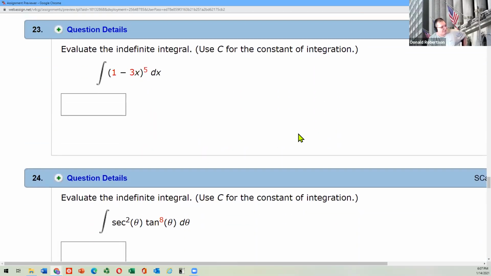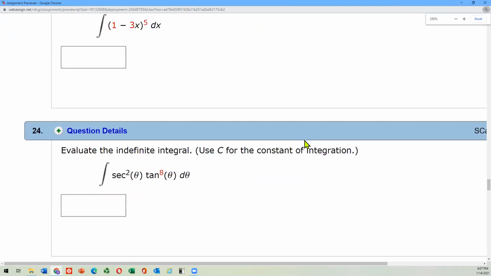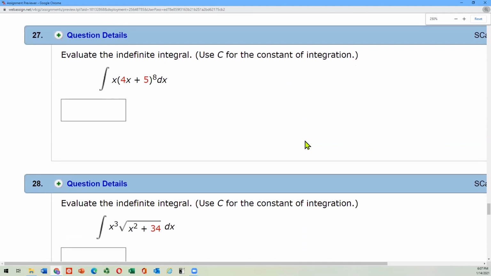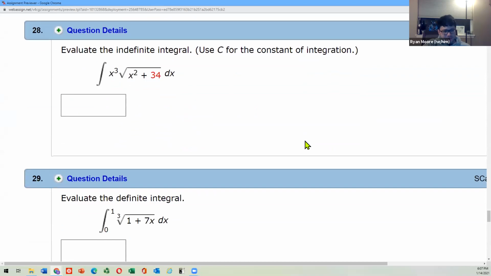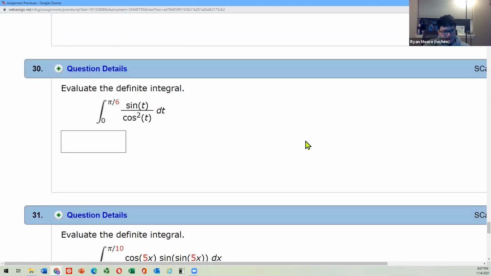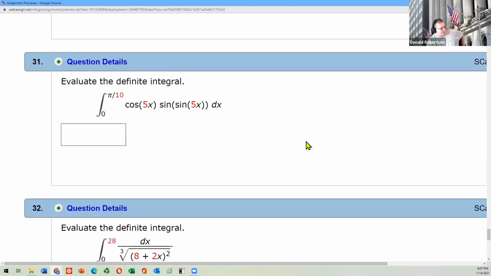I just want to finish it now. What's 23? 1 minus 3x. 27? 4x plus 5. 28? X squared plus 34. 29. One plus 7x. Yeah. And almost at the end here.